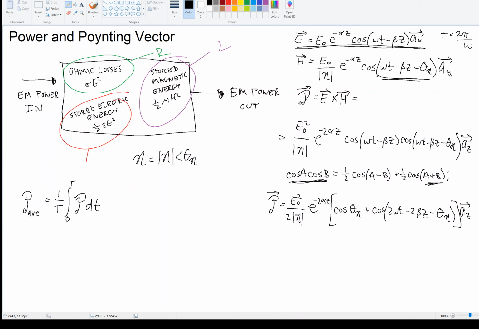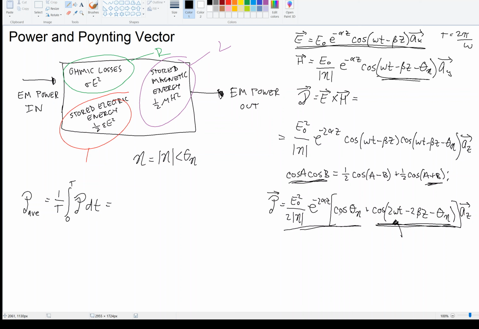All right, so when I integrate these two terms, first notice that this term, which is oscillating, is going to average to 0. The integral of a cosine over one full period gives you 0. So now I just have to integrate this other term, and it doesn't even depend on time.